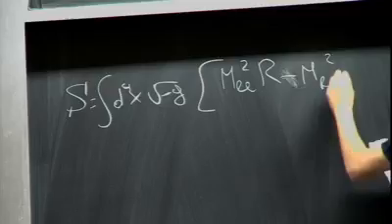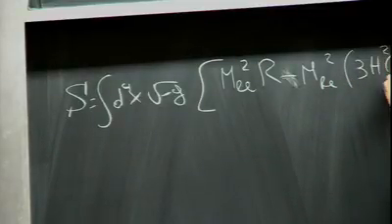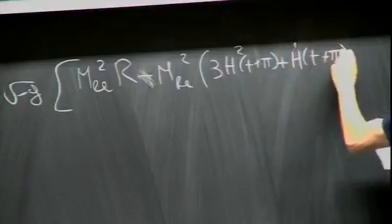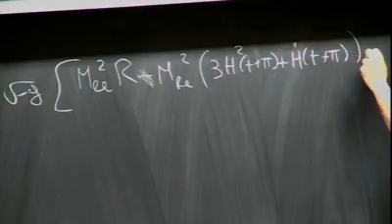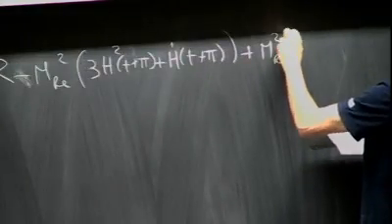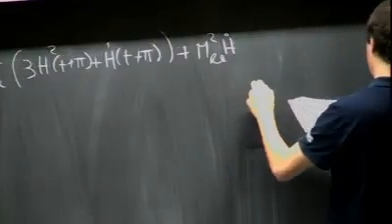So after we do this, we can drop the tildes and conclude that we have an action of the following form. Doing this directly for the action we care about, we get minus g. Okay, let me just write it. So going back to the form of the Lagrangian, we get M_Pl squared R plus minus M_Pl squared 3H squared of t plus pi plus H dot of t plus pi, plus then there was the g00 term, M_Pl squared H dot of t plus pi.